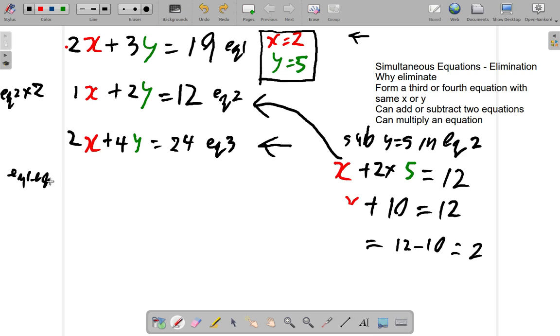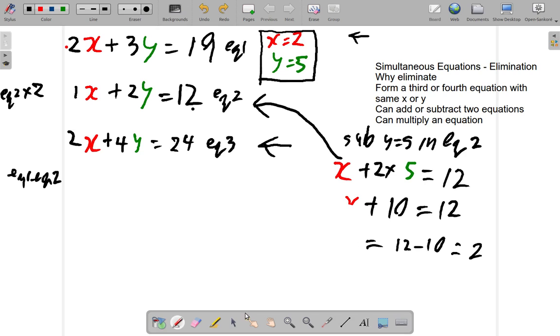Equation 1 minus equation 2. Alright? In fact, I'm not going to do that. Redo it. Try and do equation 1 minus equation 2. So that you're going to have 3y minus 4y and 19 minus 24. You will get some negative numbers and see if it works out.